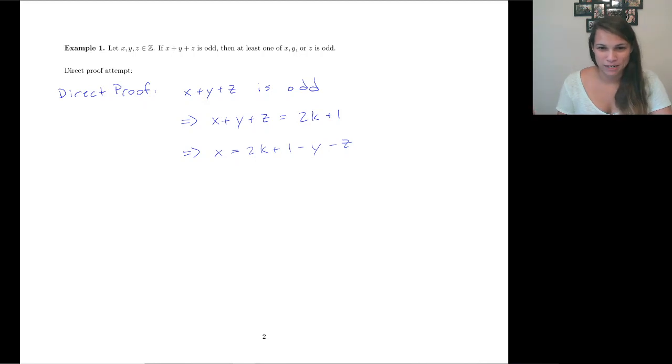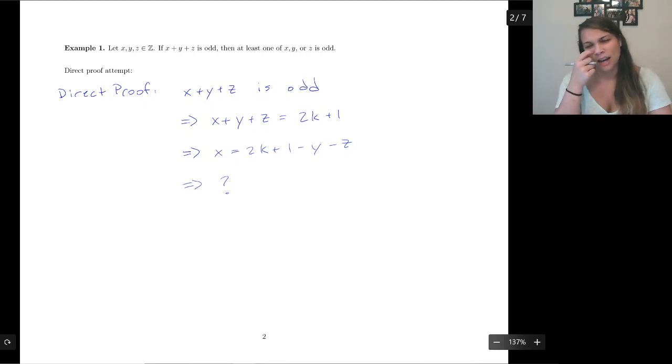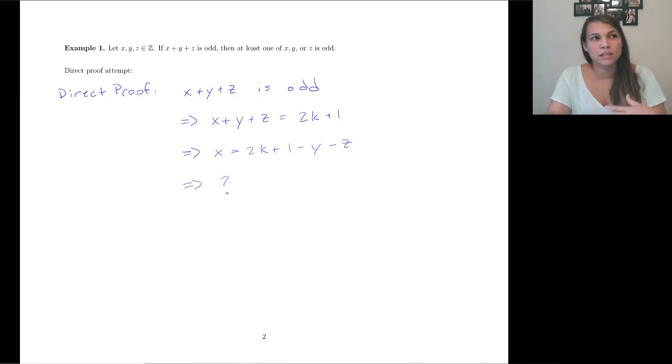I need more information about y and z in order to come up with a conclusion for x. I could try cases, but then I'd be saying y is odd and z is even. Now I'm kind of concluding or using the conclusion in my proof. And that's bad form. We know we don't want to do that. So what does come next? This is a wall that tells us maybe we shouldn't be doing a direct proof.